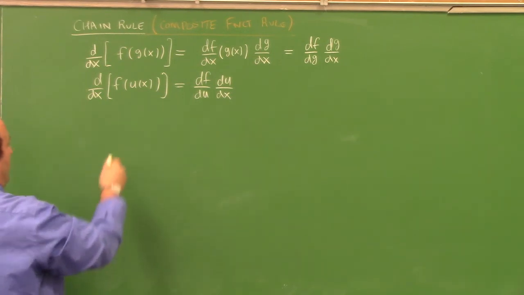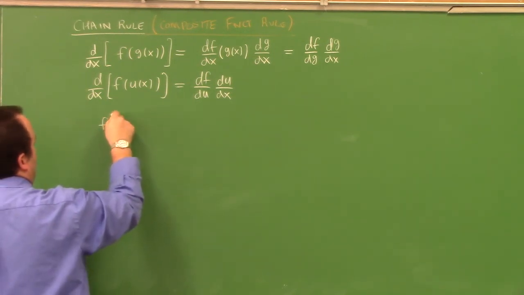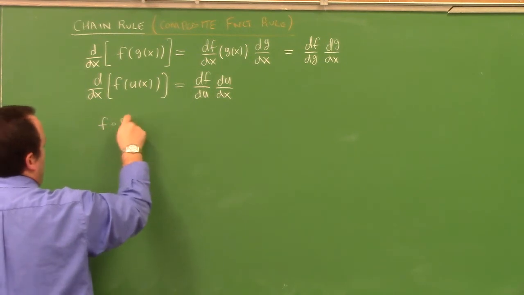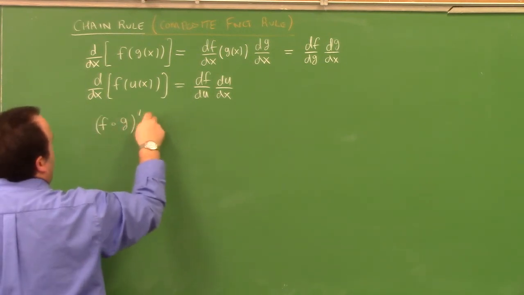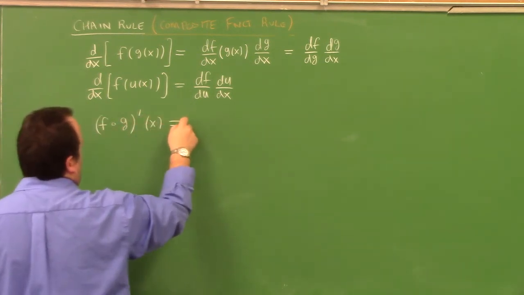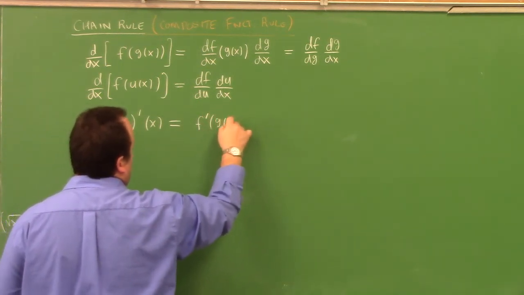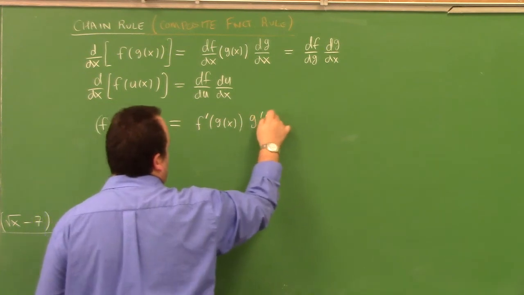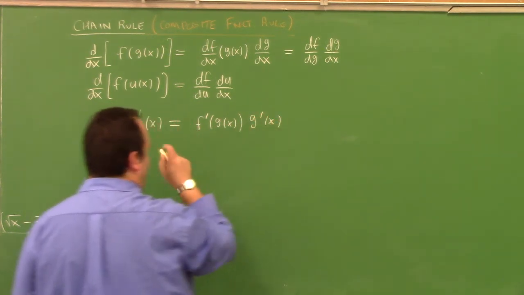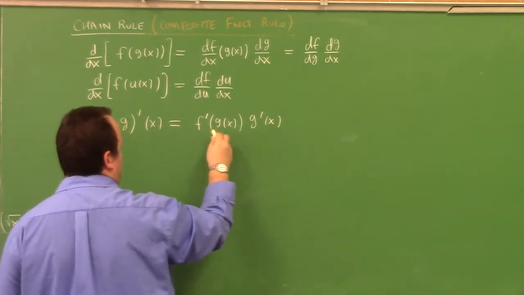And then there's also the prime notation, like so, f composed with g, prime, of x is f prime of g of x times g prime of x. The prime notation is nice here. So in some sense, I like the prime notation even better here. So what is this?